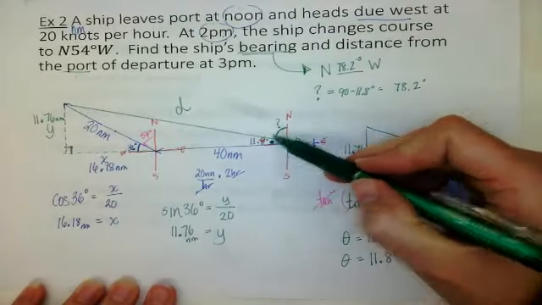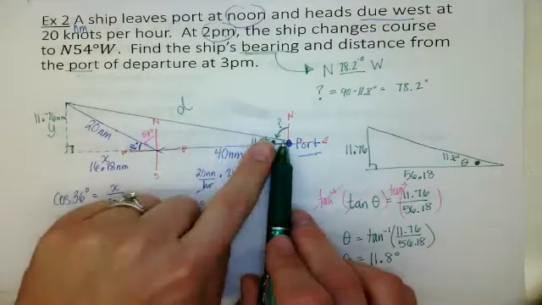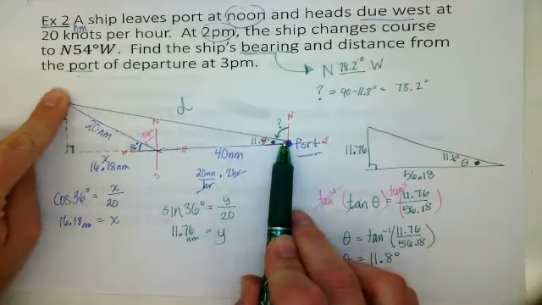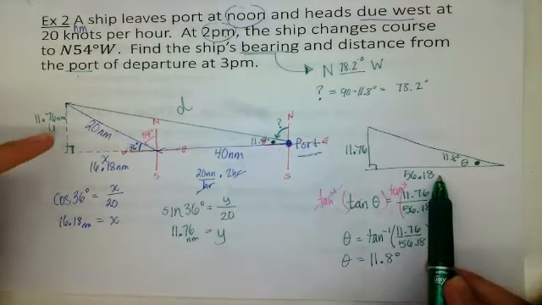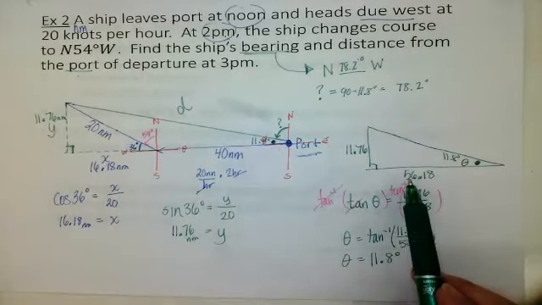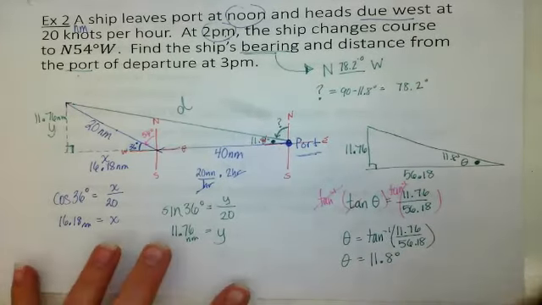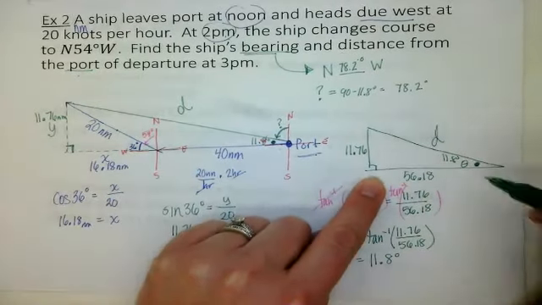North, 78.2 degrees towards the west. Very good. And then the last thing that we have to figure out is the length of this side, which, if we have a right triangle, we could use the Pythagorean theorem, but I think trig is going to be easier. So using this triangle, I want to find D.